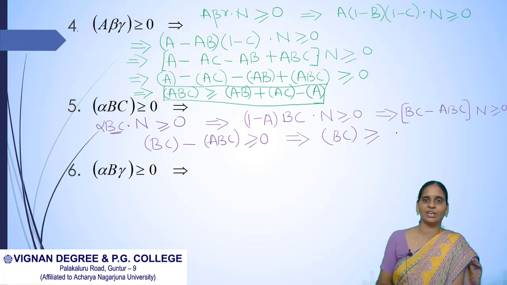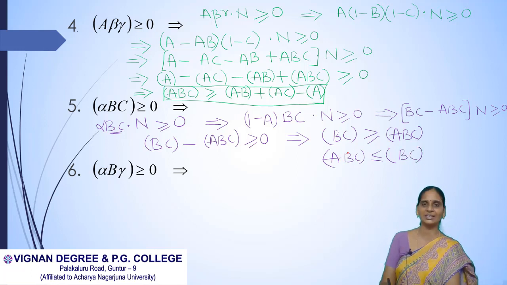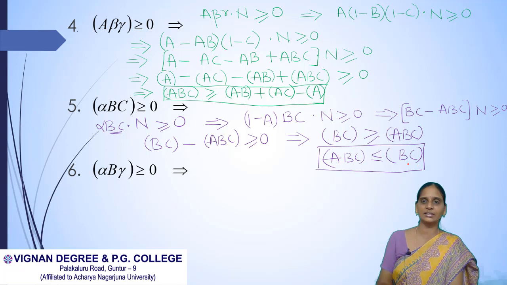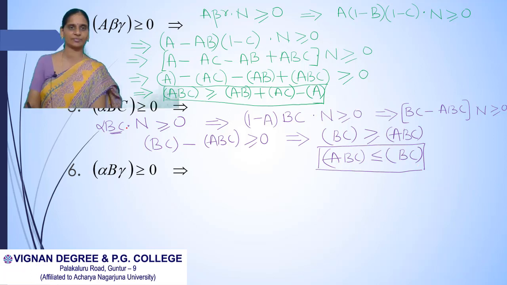So then we get frequency of BC is greater than or equal to frequency of ABC, or frequency of ABC is less than or equal to frequency of BC. So this is another consistency condition.